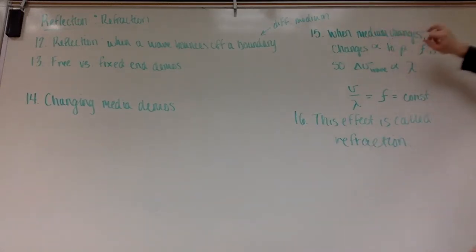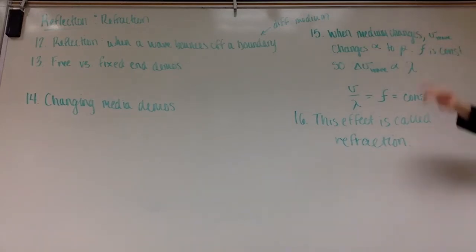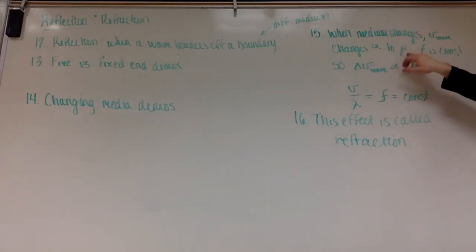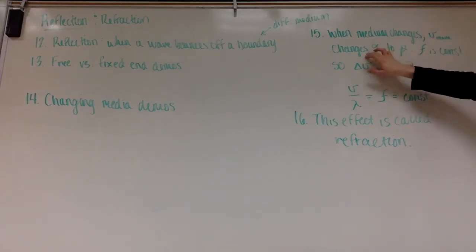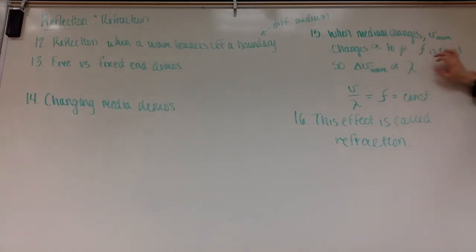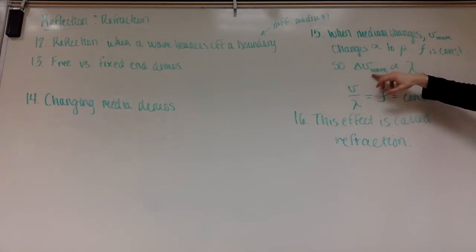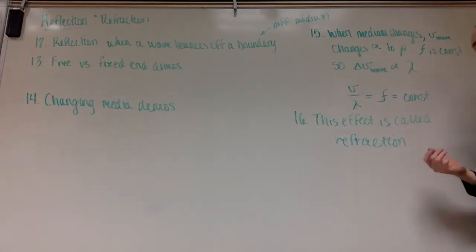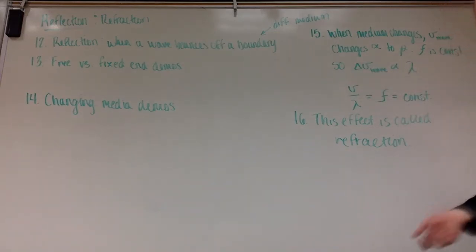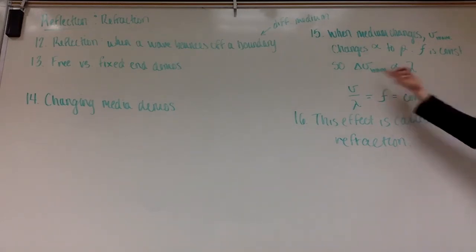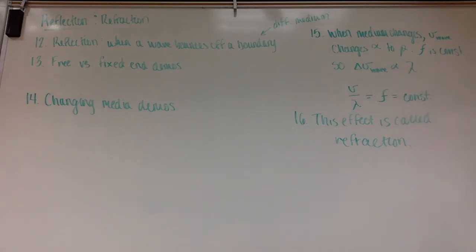So when the wave changes medium, the velocity of the wave is going to change proportionally to the density. Let's say that again. The velocity of the wave is going to change according to the density. So frequency is a thing that will never change with a wave. Based on that, since our velocity is changing, and we know our wave equation is velocity equals frequency times wavelength, if frequency is constant and velocity is changing, wavelength is going to have to change proportionally.